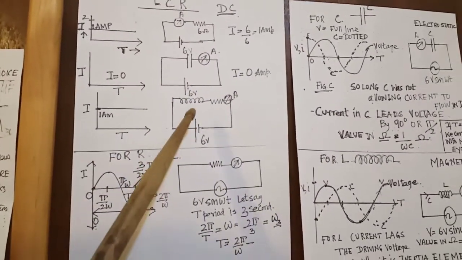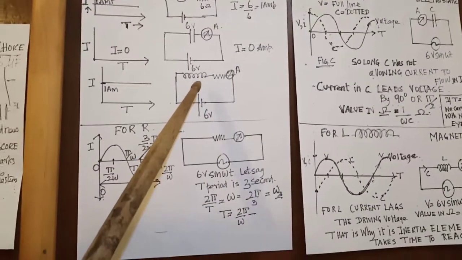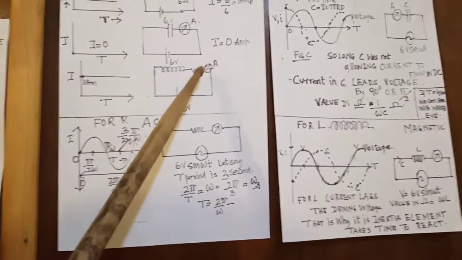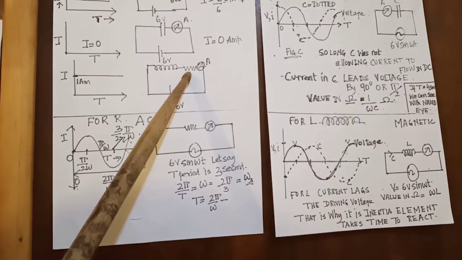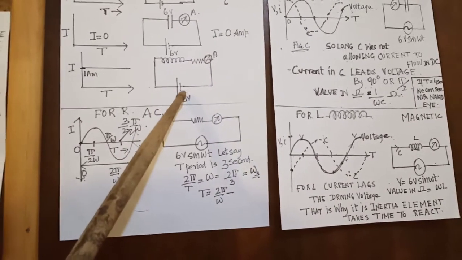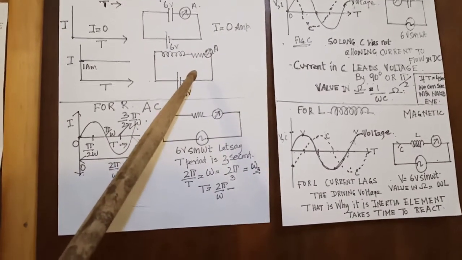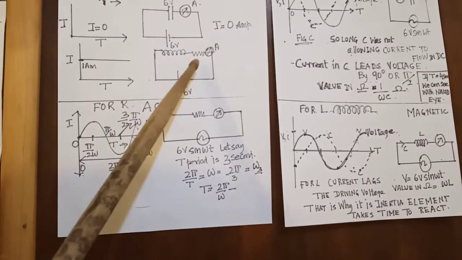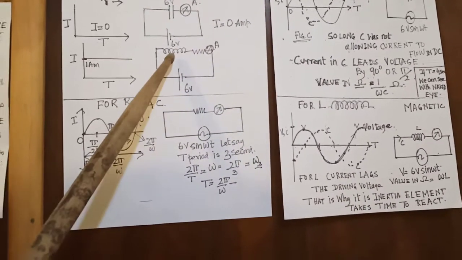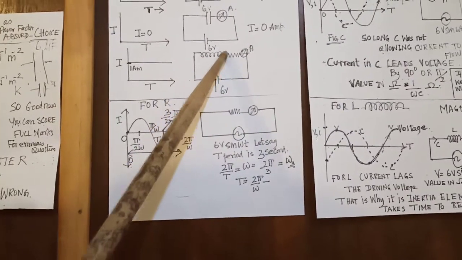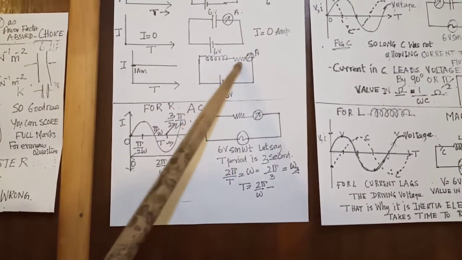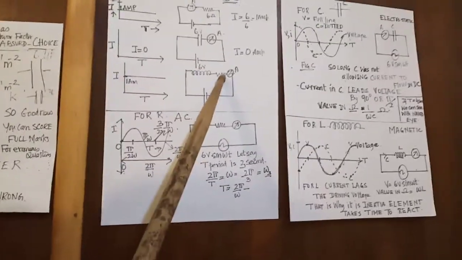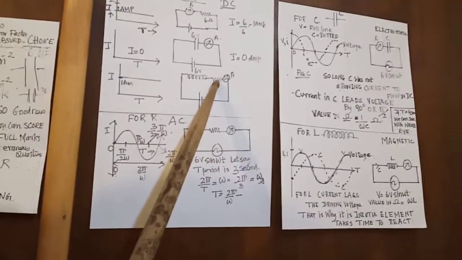Same thing with a coil. A coil here, and then in series with the coil, you have got 6 ohm. So what will be the current? After say 3-4 seconds, you'll find the current is 1 ampere, which means the inductance has nothing to do with blocking the current. 6 volt by 6 ohm is 1 ampere.